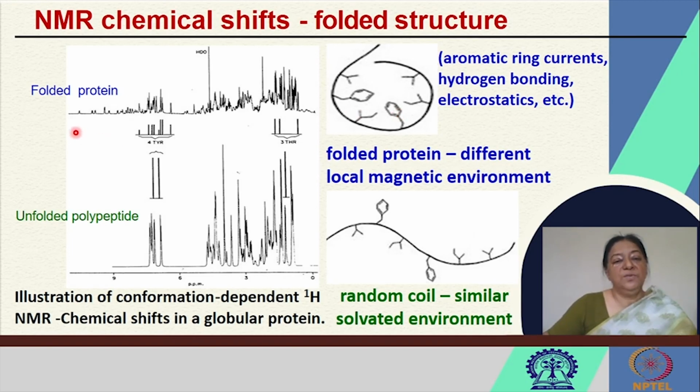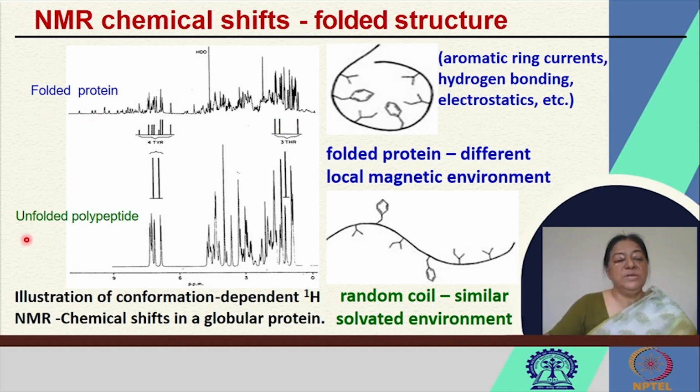So when we look at the folded protein, we realize that the local magnetic environment is going to be different because of its folded structure, as can be observed here. What is different here is the aromatic ring currents are different, the hydrogen bonding is different, the overall electrostatics is different, which results in a different local environment, a different magnetic environment, giving us a completely different structure overall, a different NMR spectrum for the folded protein.